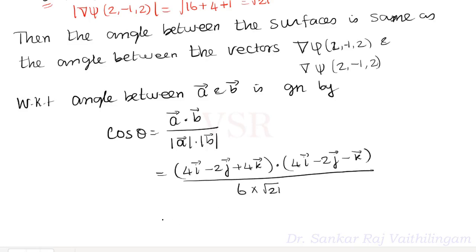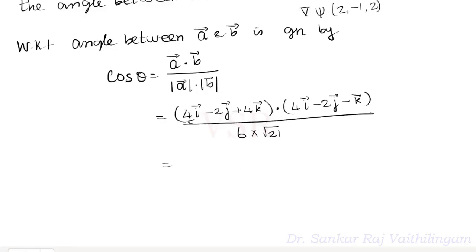Taking the dot product: 4 into 4 is 16, minus 2 into minus 2 is plus 4, and 4 into minus 1 is minus 4, divided by 6 into root 21.